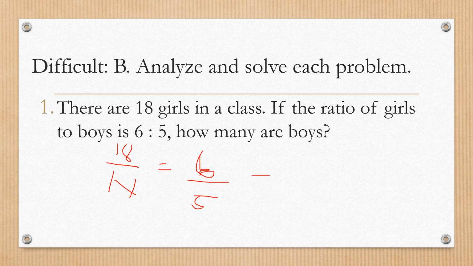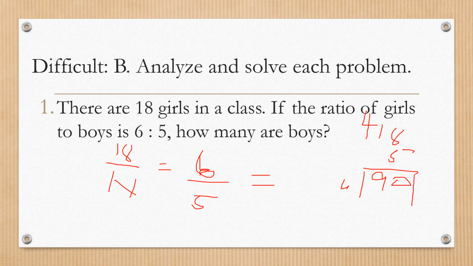So we got here 18 times 5 is 90. Okay, 90 divided by 6.